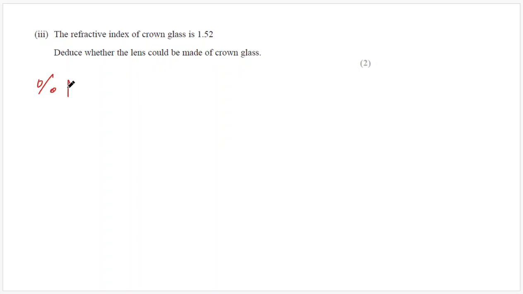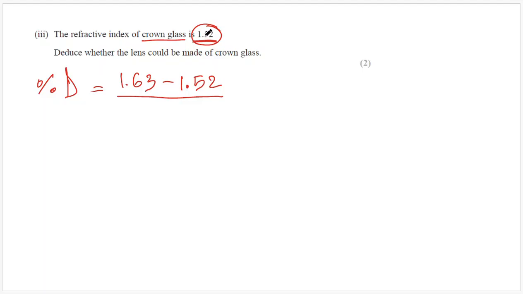So percentage difference between this value of refractive index for crown glass and your value of refractive index for whatever material that was, 1.63 minus 1.52 divided by, okay, so a lot of people struggle with what to divide with when it comes to percentage difference. So the way I tell my students to remember it is, you are trying to find out the percentage difference between this value and your calculated value.